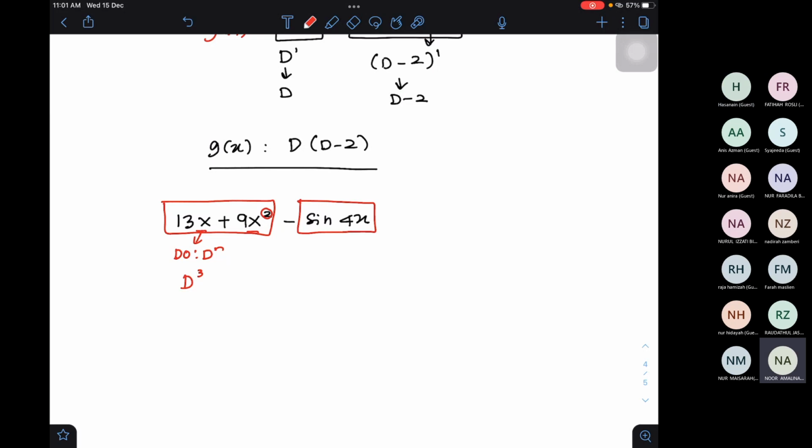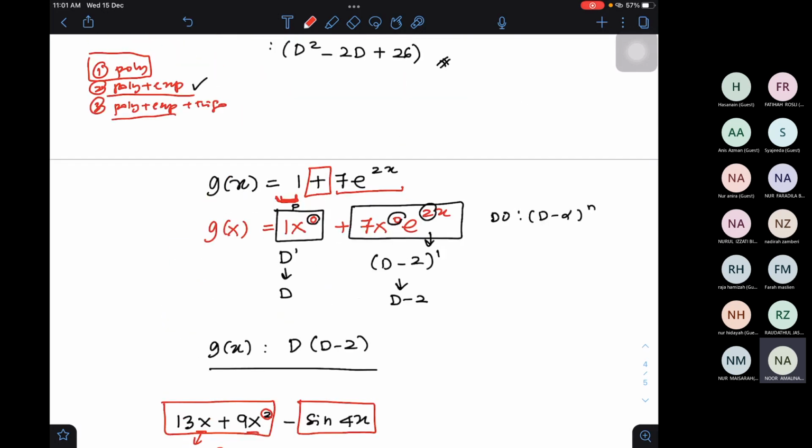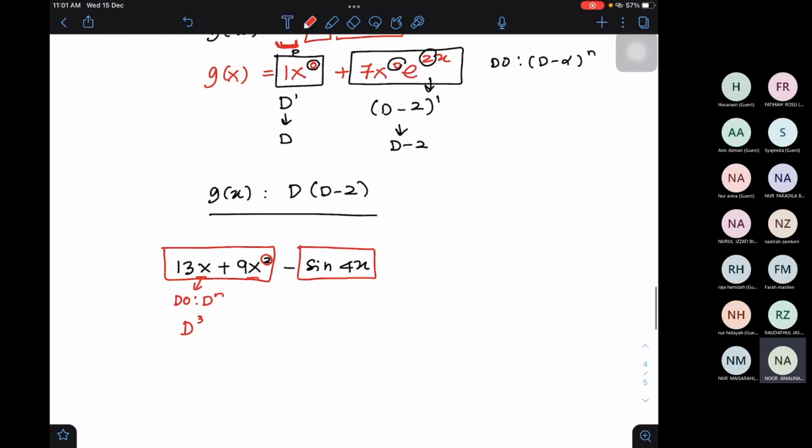Boleh kot. Boleh. So untuk function yang kedua, kita ada trigo. So trigo dia must come with the polynomial and exponent. So awak tak boleh nampak dekat sini, awak tulis semula x kosong, exponent kosong x, sin 4x. So from here you get your n equal to 1, 0 plus 1, 1. And then you get your alpha equal to 0 and get your beta is equal to 4.